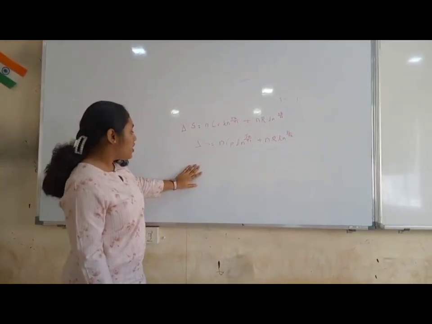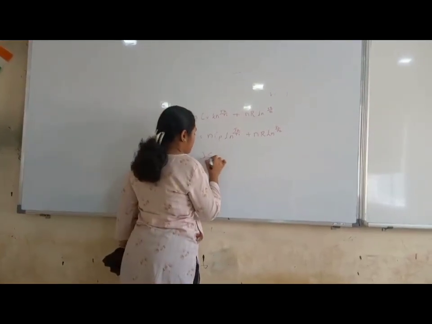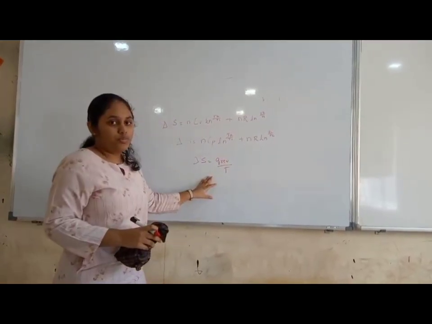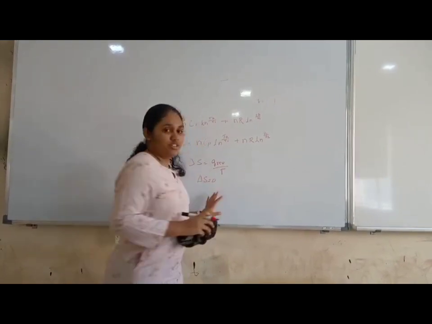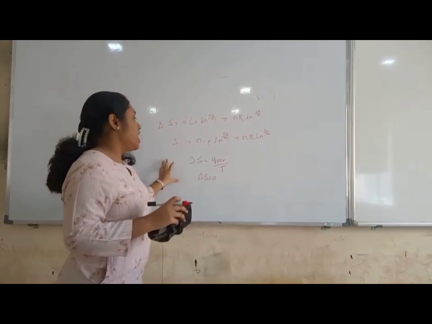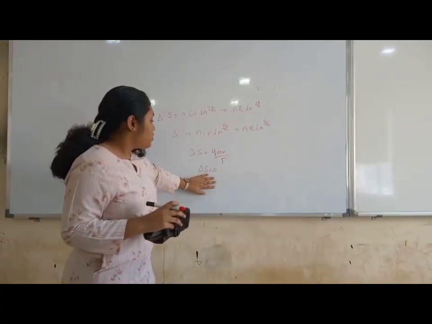And for adiabatic, we know that delta S is equal to Q reversible upon T. So Q becomes 0. Delta S is 0 only for reversible. For irreversible, it might be system and surroundings. In this, the total is 0.